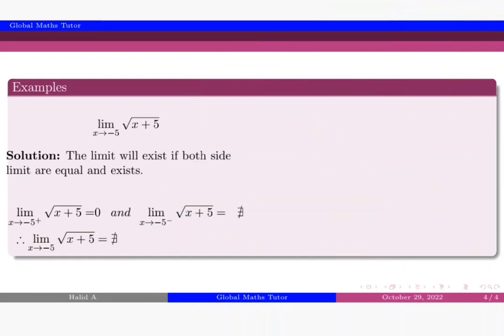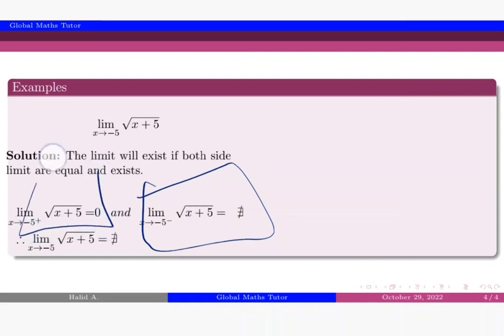Since the limit from the negative side doesn't exist, though the limit from the positive side exists, we say the limit of radical x plus 5 as x approaches negative 5 is undefined. So this function has only a right hand limit, or it is a one-sided limit.